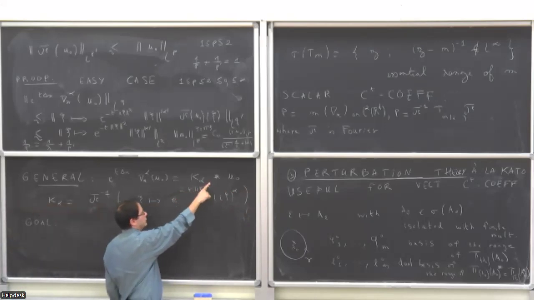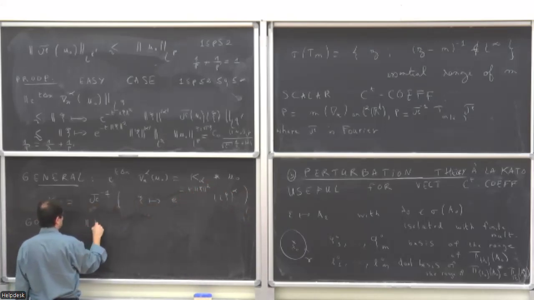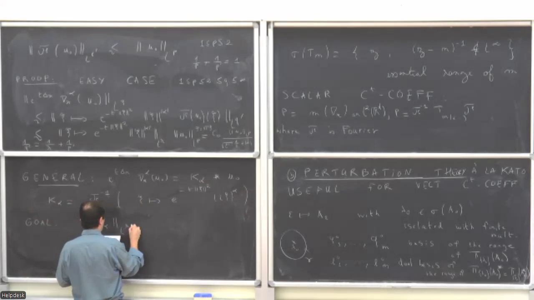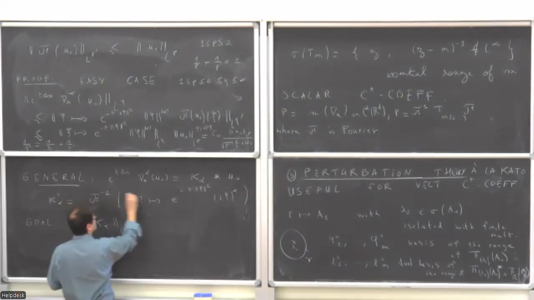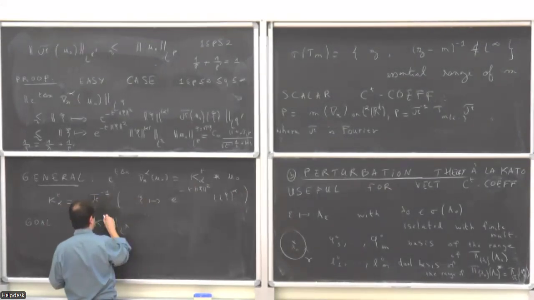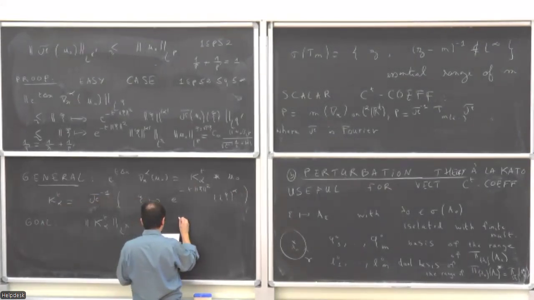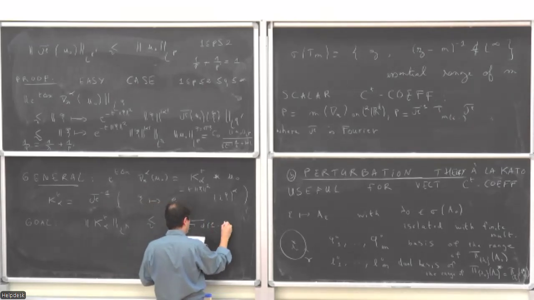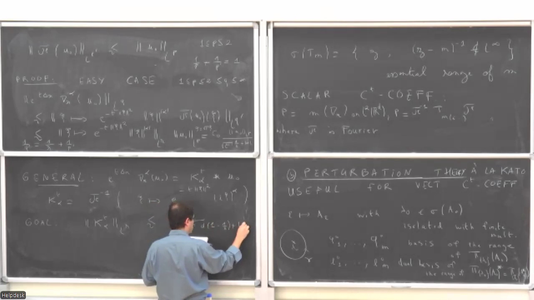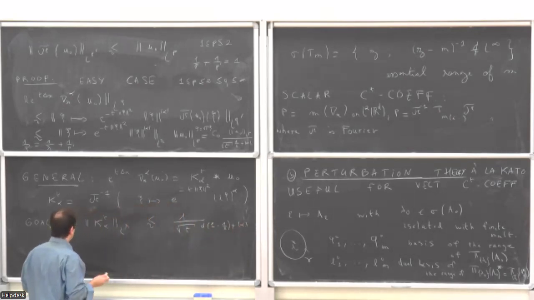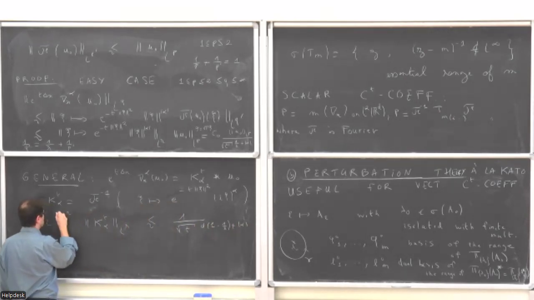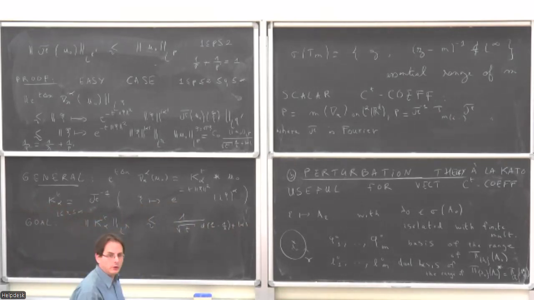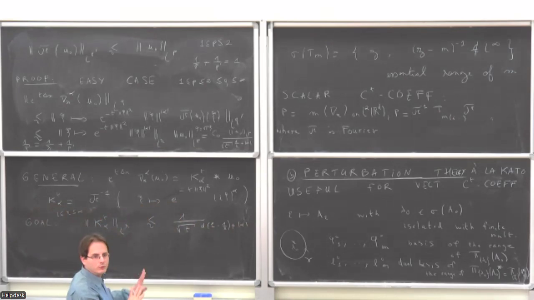Now I use the strong inequality, so the goal is to get a bound. I want it for any R. What I already have for free is the infinity bound or the L2 bound.